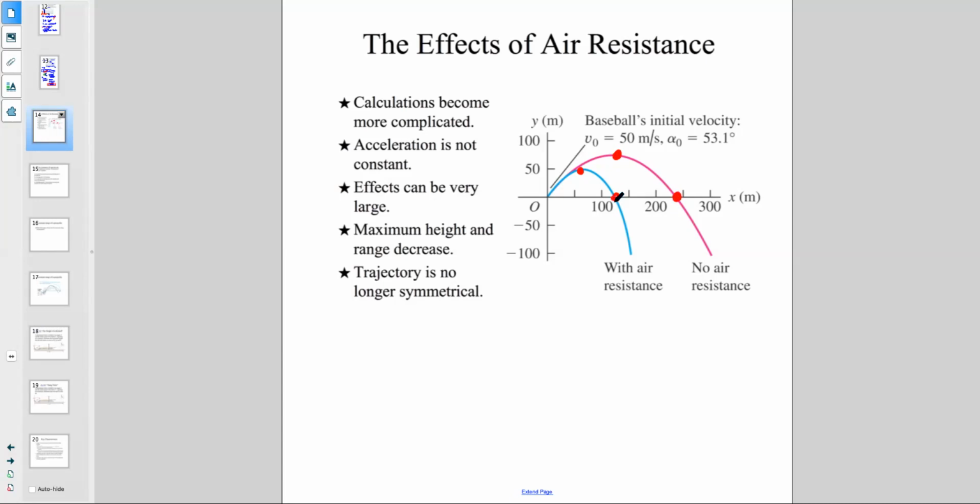Air resistance is turning everything to friction, to heat, because it is some sort of a resistance. And the trajectory is no longer symmetrical. It is some sort of an asymmetrical shape.